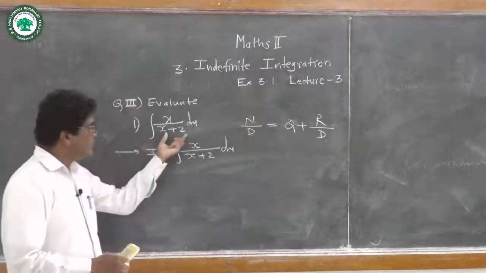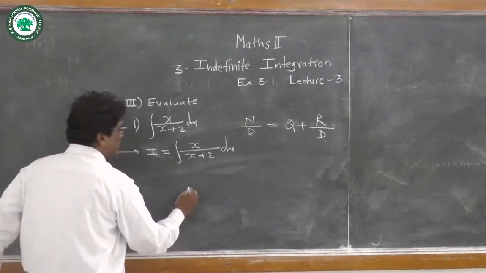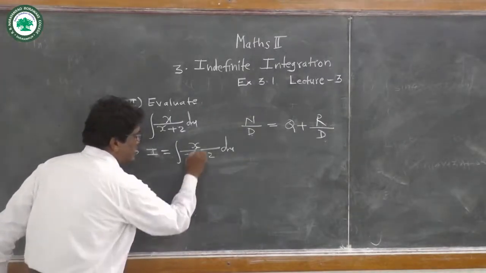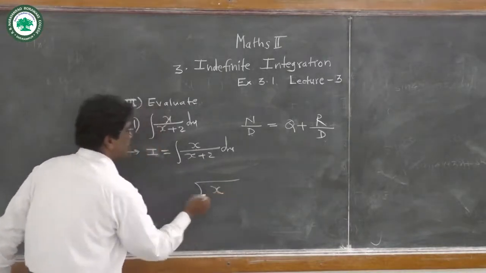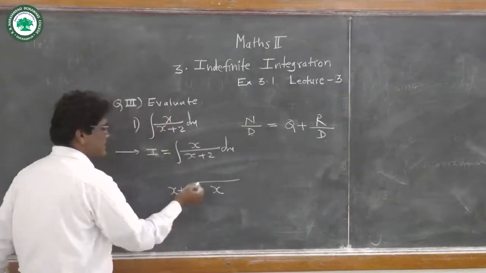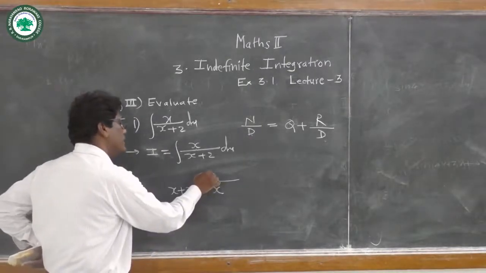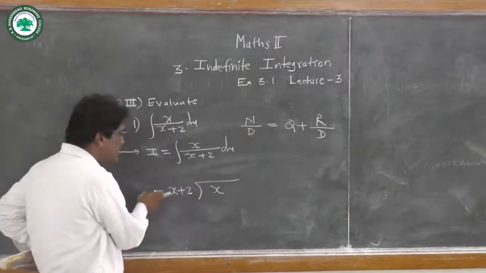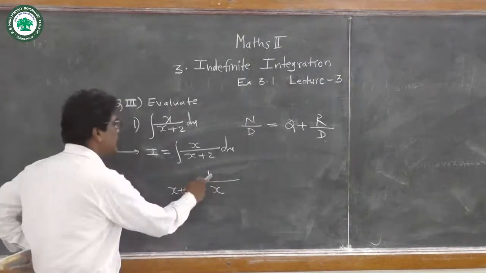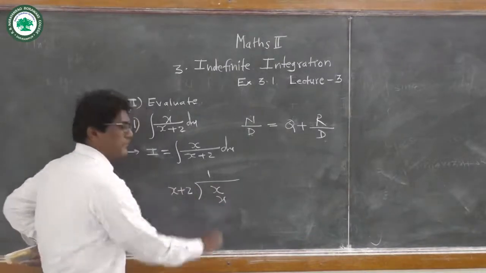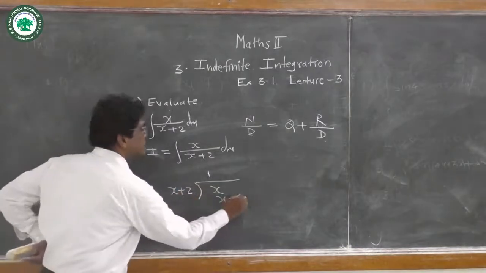For the given problem we write I, and now divide x by x plus 2. We take a number such that its product with x is x, so take 1: 1 into x is x, and 1 into 2 is 2.